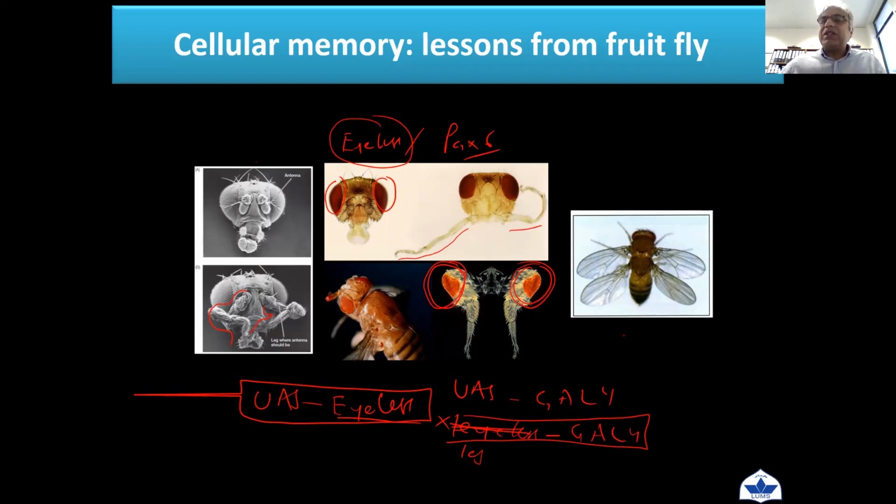Similarly, if you have a mutation in the bithorax complex, normally the wing is present only on T2, thoracic segment 2. Next to the wing is a tiny bulb-like structure, which is called the haltere.